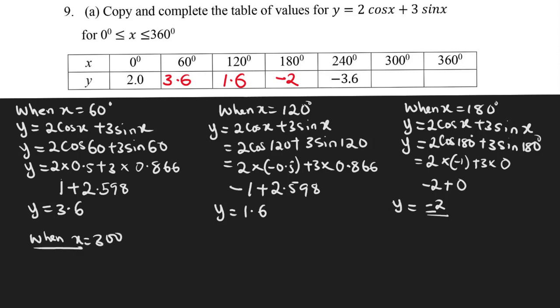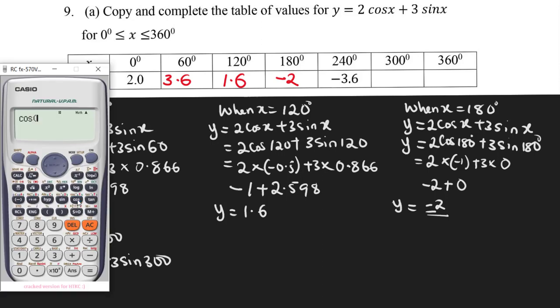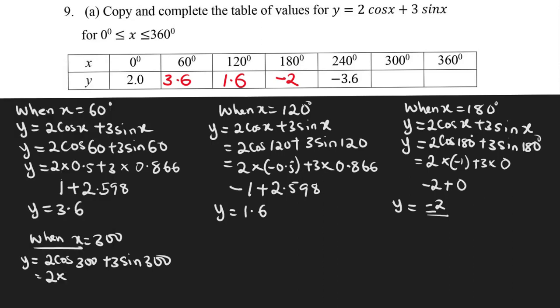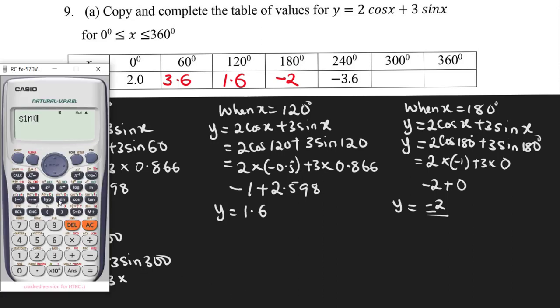We know we're going to have... So what is cos 300? It is 0.5. So say 0.5 plus 3 times sine 300, which is minus 0.866.